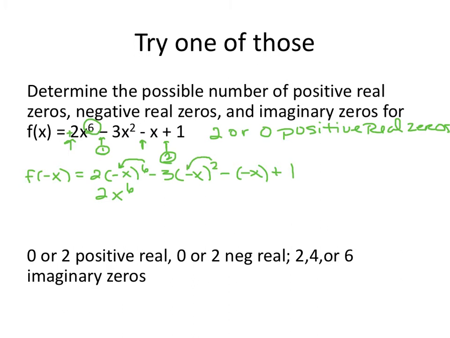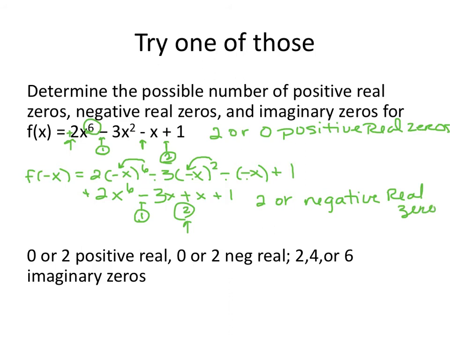This is even, so it turns that guy positive. So it would be negative 3x because a positive times a negative is negative. So a negative times a negative is positive, and then we have plus 1. So we have positive, negative, so there's one sign change. Then it changes back to positive, so there's 2 sign changes. All right, so that means that there's 2 or 0 negative real zeros.